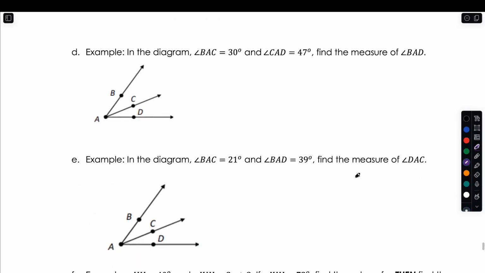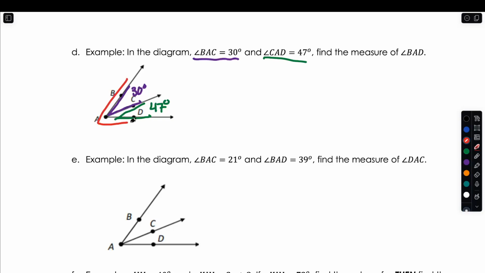Part D. In the diagram, angle BAC is equal to 30 degrees. So here's the first piece of information. Let's label it. BAC is 30 degrees. I'm going to put a 30 here. And CAD is 47 degrees. I'm going to put a 47 here. Find the measure of angle BAD. That's my bigger angle.